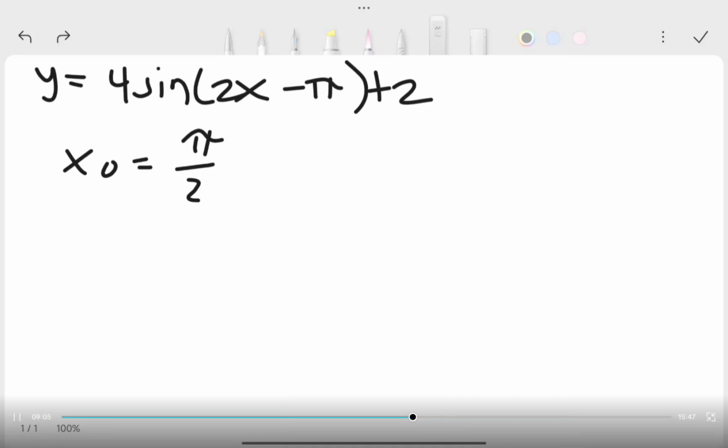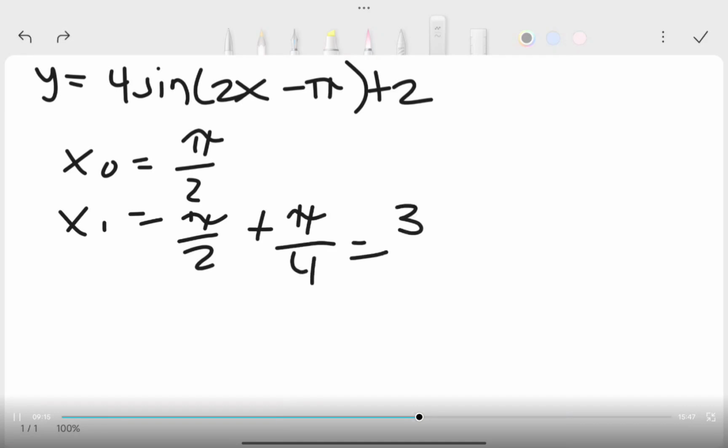So our x sub 1 is pi over 2 plus pi over 4, which is 3 pi over 4.